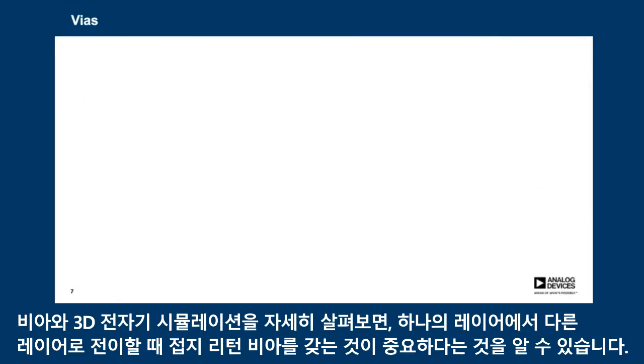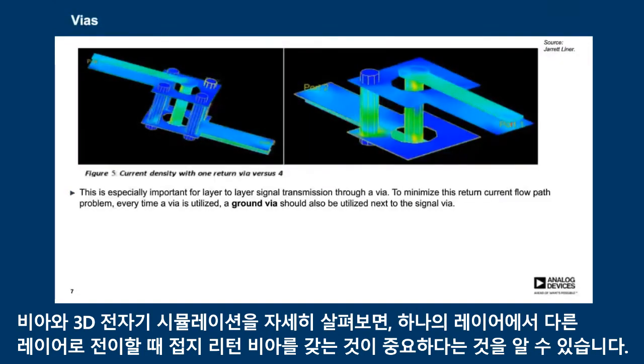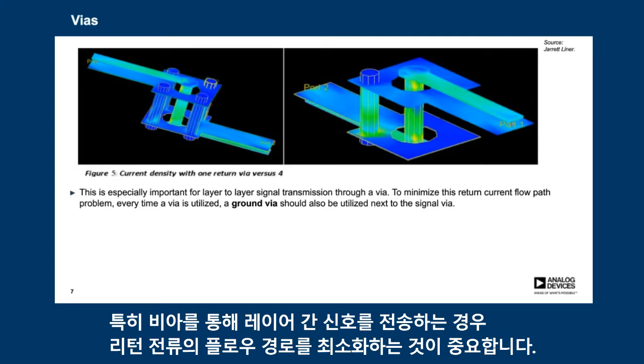So looking at vias and bringing up in more detail 3D electromagnetic simulation, what we see is how important it is to have the ground return vias on any transition from one layer to another. It's especially important for layer-to-layer signal transmissions through a via, and it's important to minimize the return current flow path.